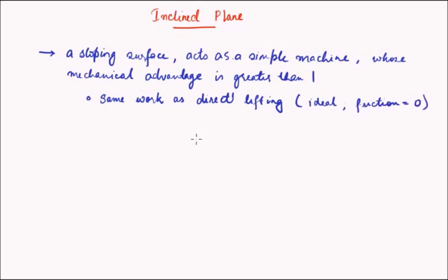So now let us derive the mechanical advantage for an inclined plane with this concept in mind. This is something like an inclined plane. It is sloped at an angle theta to the horizontal. And what does this do?